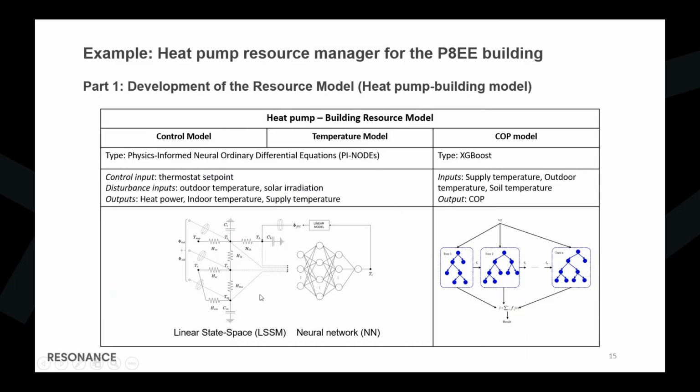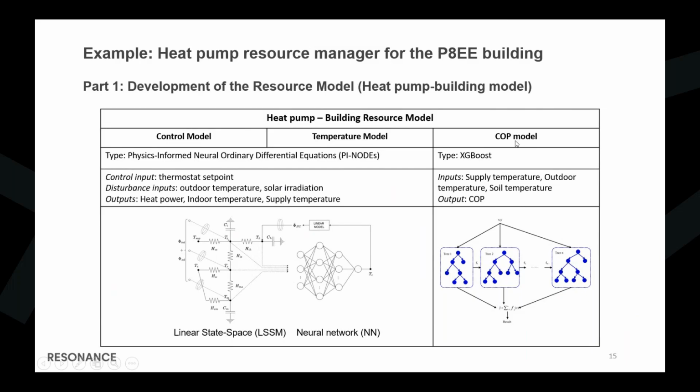Then we froze the weights of the linear state-space model and appended the neural network to it to model the dynamics of the thermostat state, which is then used to estimate the heat power demand of the building as a function of the thermostat set point. So with this hybrid approach that combines physics and machine learning into this physics-informed nodal approach or framework, we managed to solve both modeling problems with one approach.